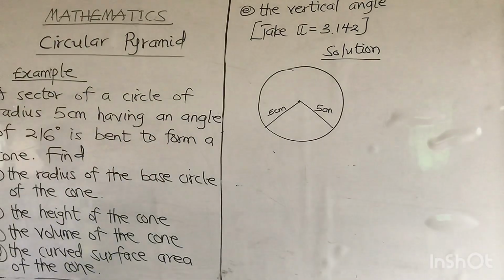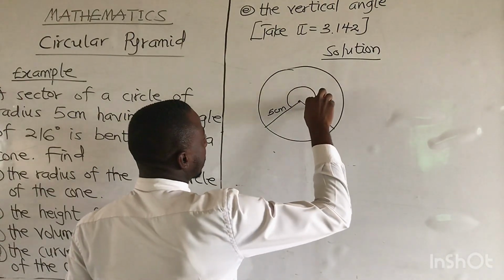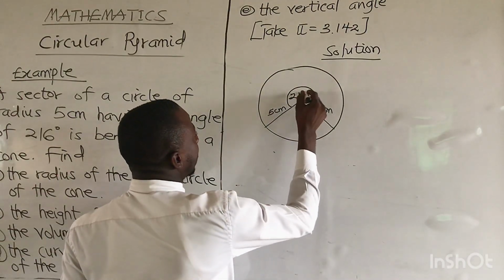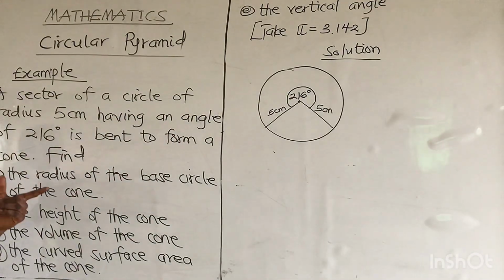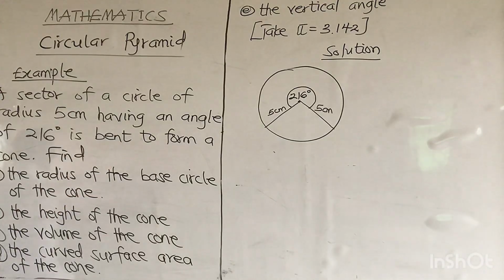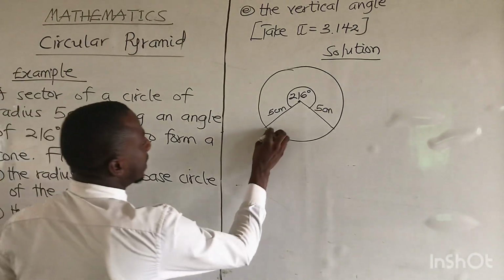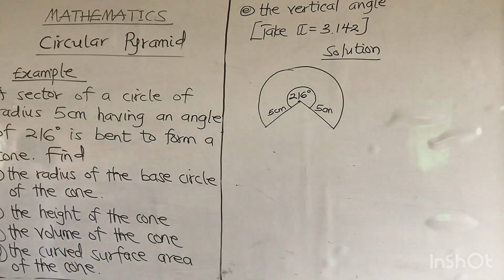And because the angle is 216, then the angle will be formed here. So this is going to be 216 degrees. Then that sector is bent to form a cone. So it means that this whole part is off. So now this has been bent to form a cone.